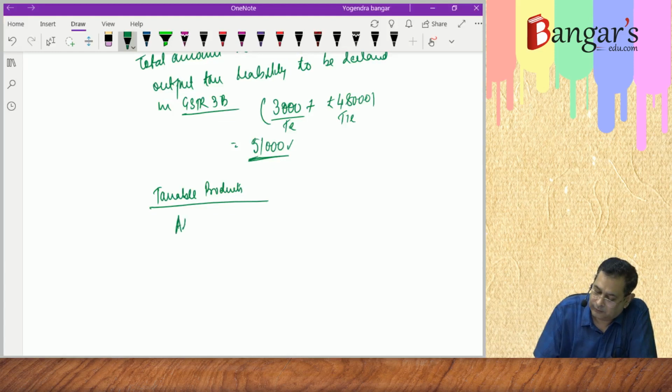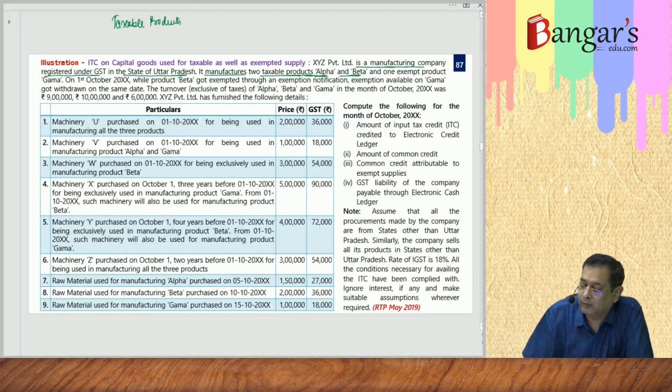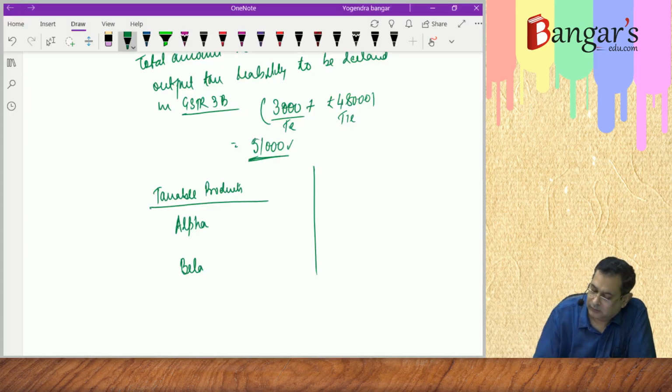And it is also manufacturing one exempt product, gamma. That is the position they are showing.